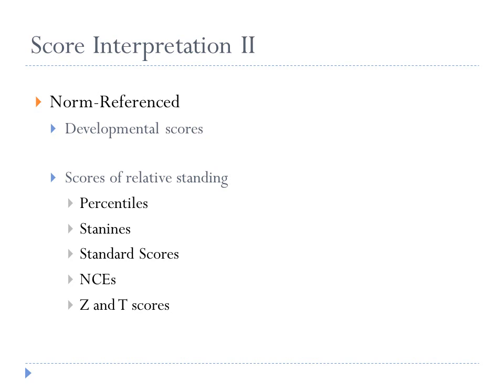For a T-score, the mean is 50, and each standard deviation is 10.